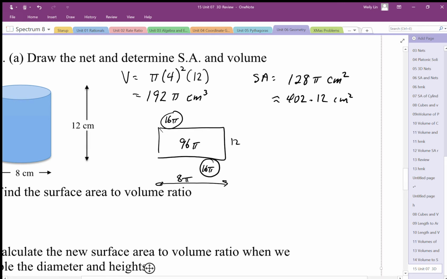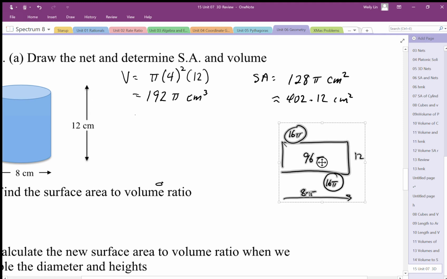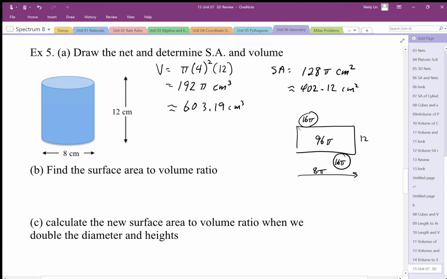I'm going to move this picture over just a little bit. I prefer you keep it in pi because pi is exact. And again, please make sure that you're not just watching me do this. Do it, check it over with the video. Make sure you've done this first and then watch the video.